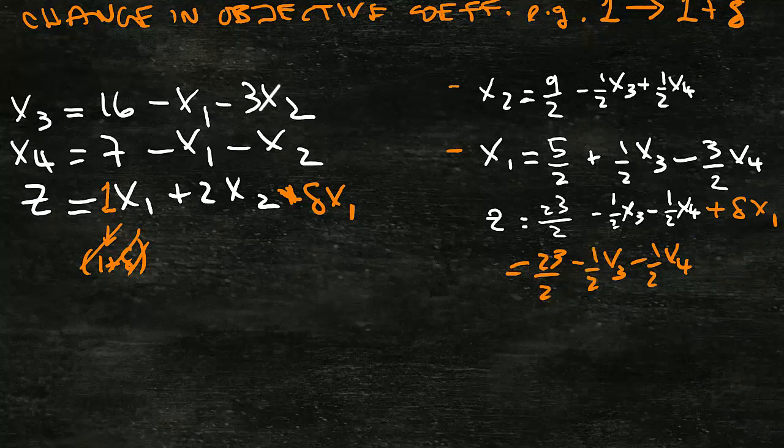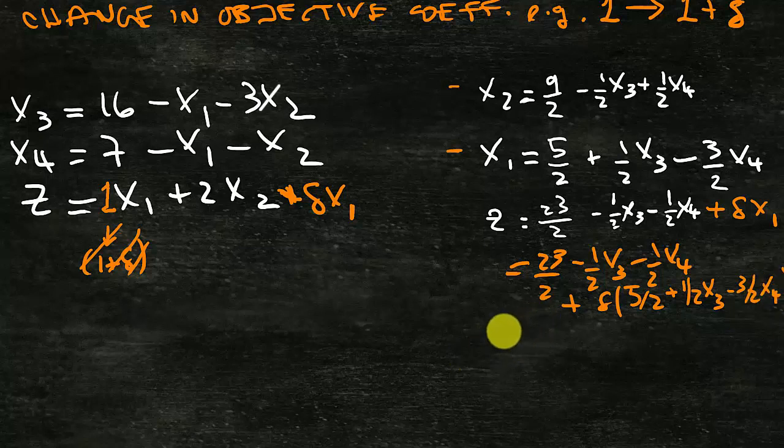plus delta times 5 halves plus 1 half x3 minus 3 halves x4.